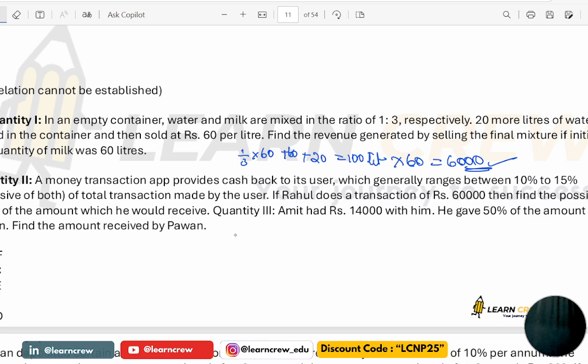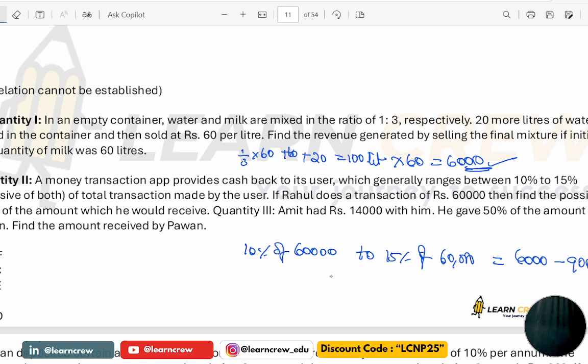So what would be the answer? It is 10% of 60,000 to 15% of 60,000, which is nothing but 6,000 to 9,000. So the first value is 6,000, the second value is 6,000 to 9,000.